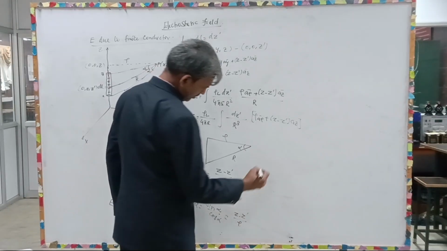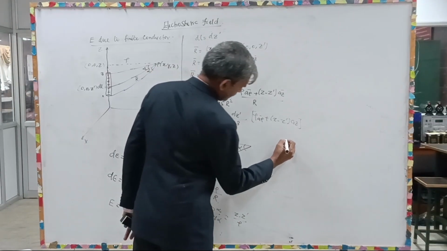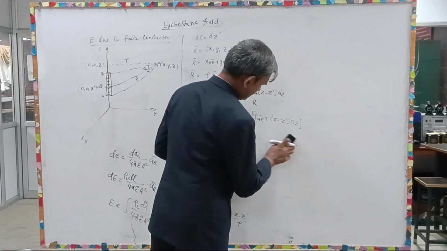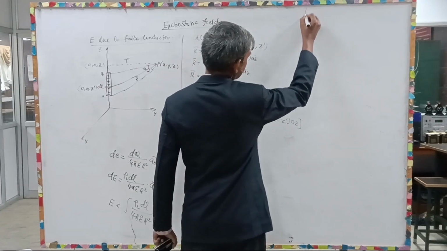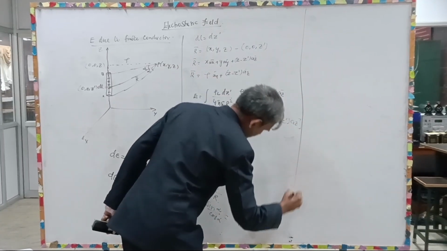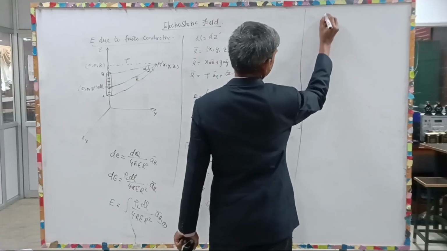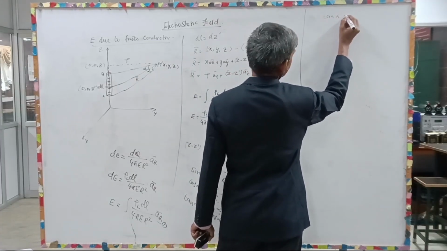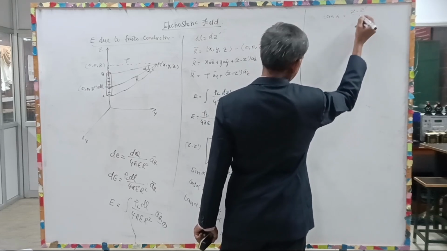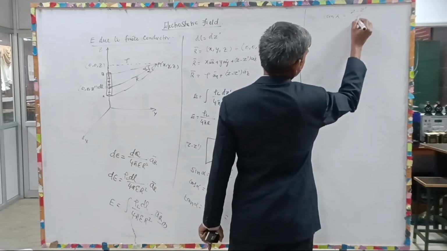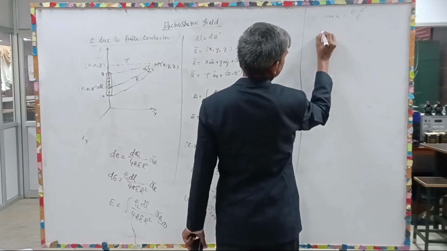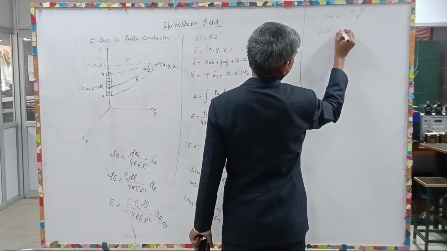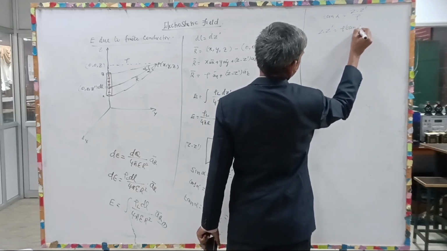Now from the tan alpha, tan alpha is equal to z minus z dash divided by rho. So z minus z dash is equal to rho into tan alpha.